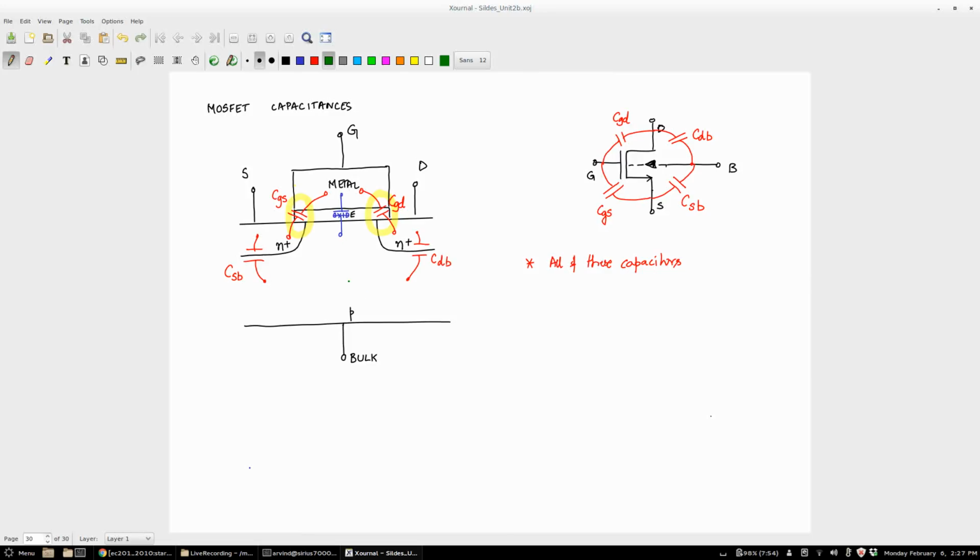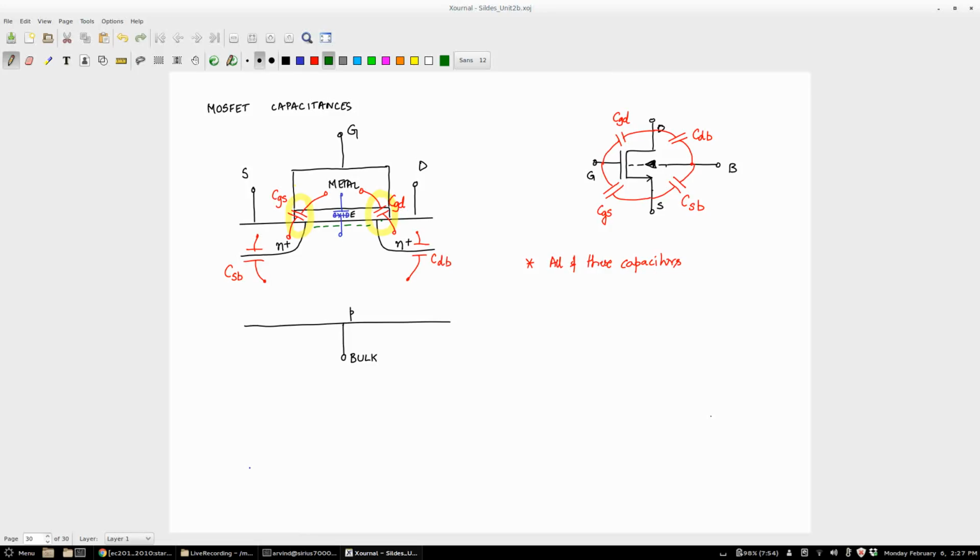Now the important thing to note is that these capacitors are not really to bulk, because there is an inversion layer here. This device has holes, and when it's on, in saturation, it creates a channel of electrons here, called an inversion region.